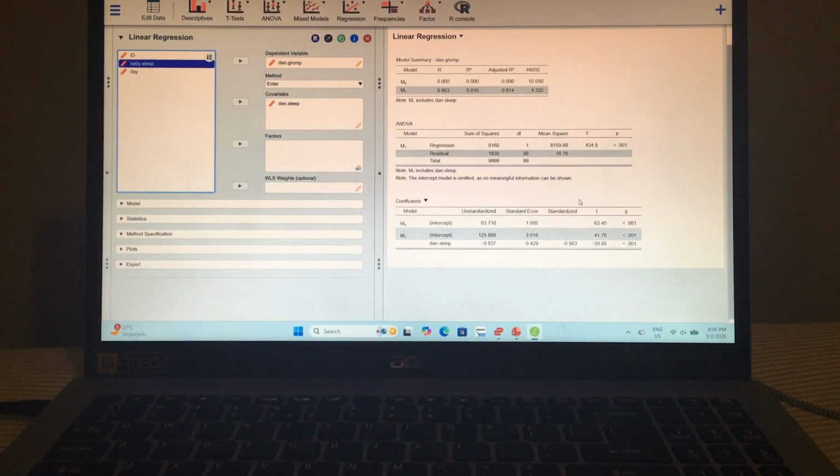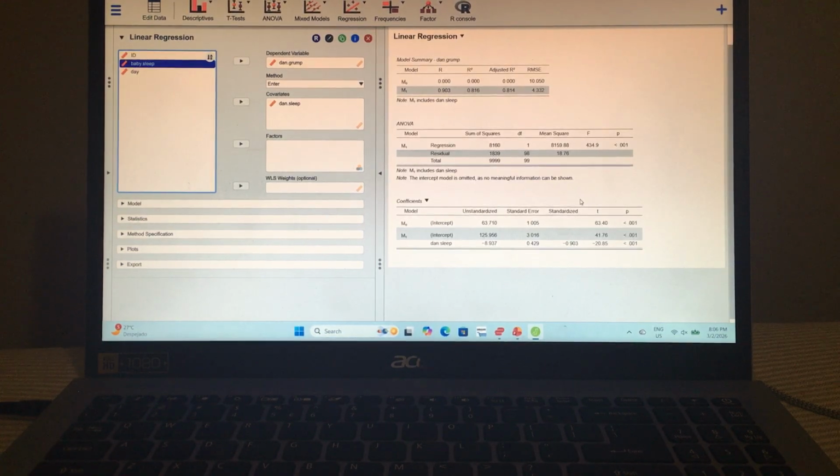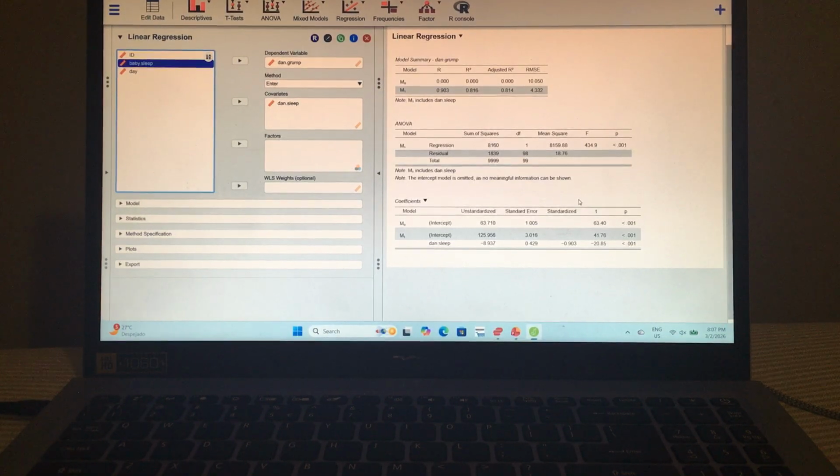If we remember the definition of the slope, a regression coefficient, the estimated beta subscript 1, of negative 8.937 means that if I increase x subscript i by 1, then I'm decreasing y subscript i by 8.937 grumpiness points. Okay, so that is, again, each additional hour of sleep that I gain will improve my mood, reducing my grumpiness by 8.937 grumpiness points.